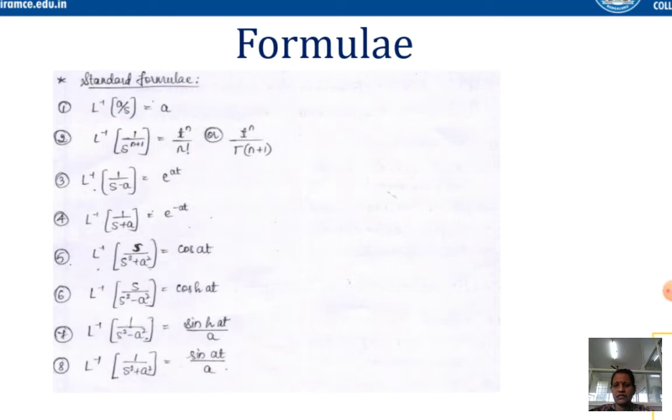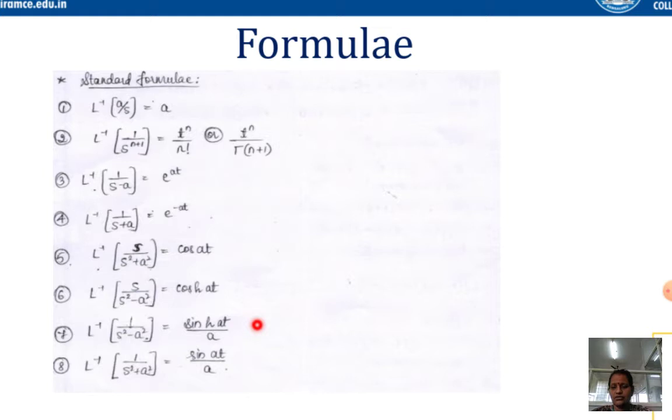Next, L inverse of 1 upon s minus a is e power at, and L inverse of 1 upon s plus a is e power minus at. Next, L inverse of s by s squared plus a square will be cos at, and L inverse of s by s square minus a square is cosh at.